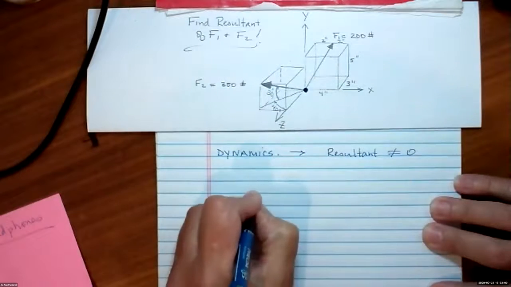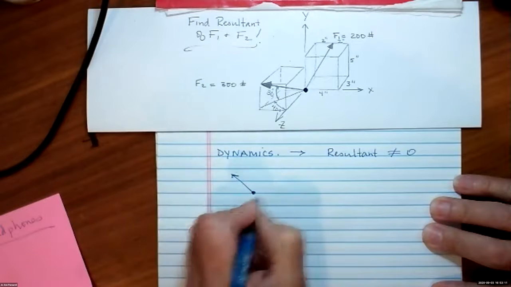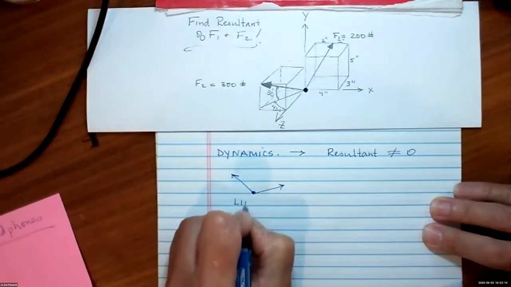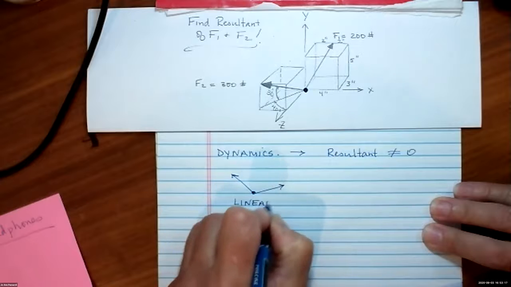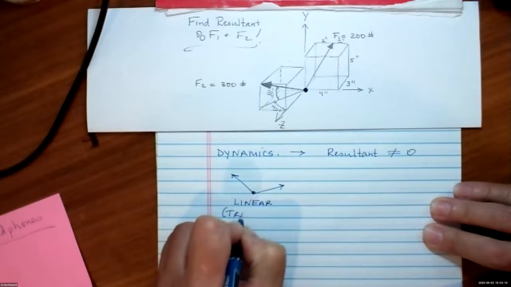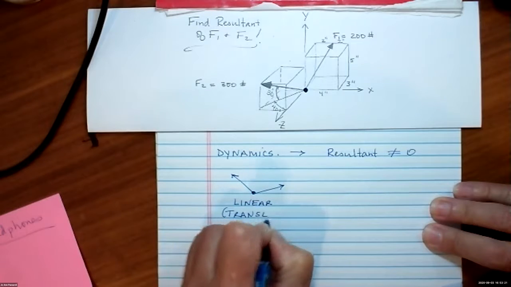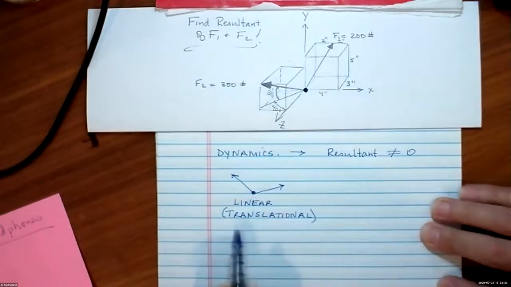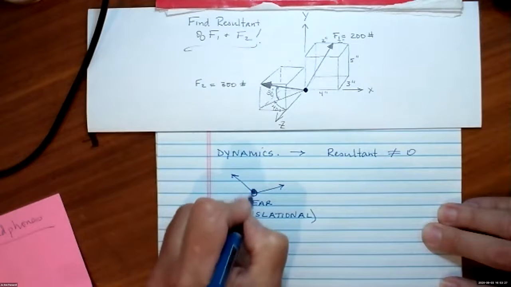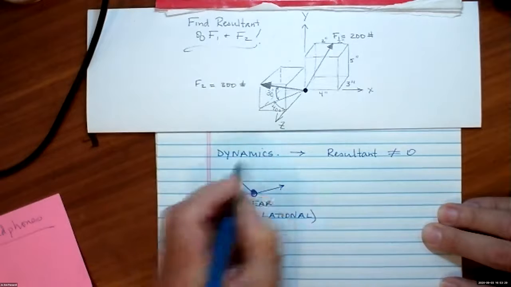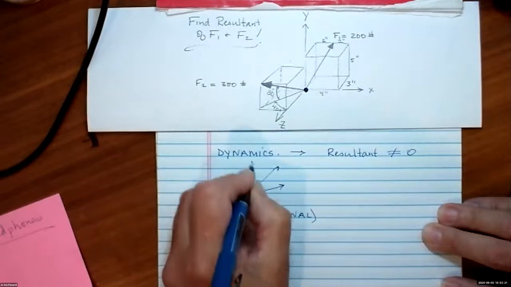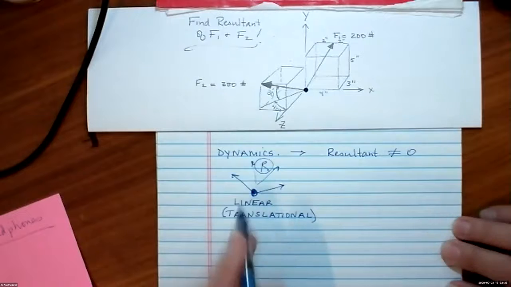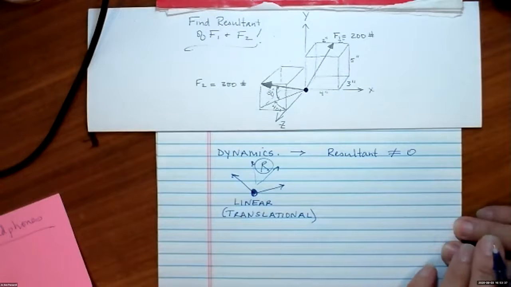When forces come off a certain point, the only type of motion you can have is linear motion, which is a fancy way of saying translational. You could imagine that if this body is being pulled in this direction, the resultant is going to be somewhere around here. It's just going to be pulled. It's not going to be spun.